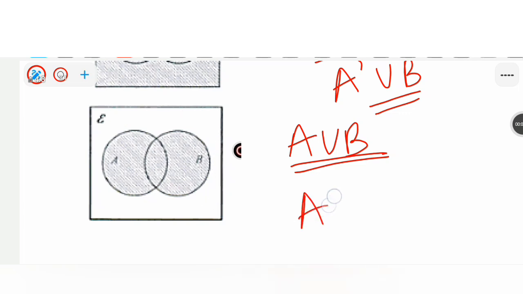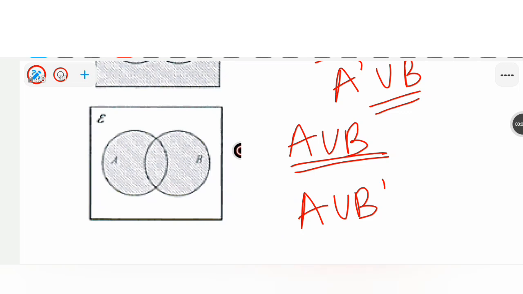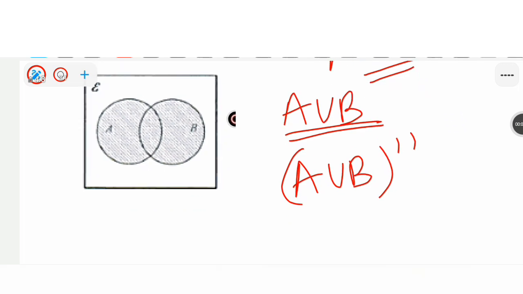So just write A union B prime. But since it has been cut out, you can see it was not shaded. Then you have to prime this answer, A union B prime. By the time you prime the answer, prime will cancel prime. You just have A union B. That's the final answer, which is the same thing as this one.